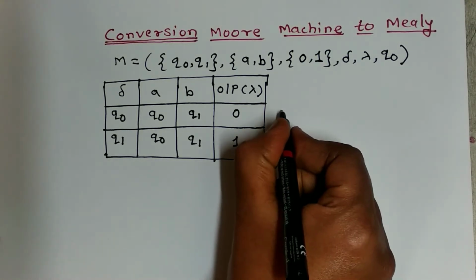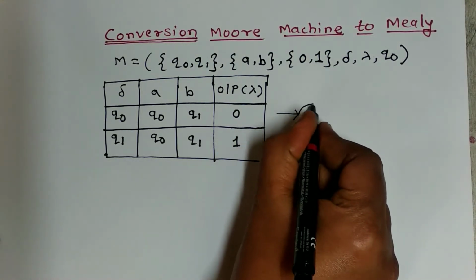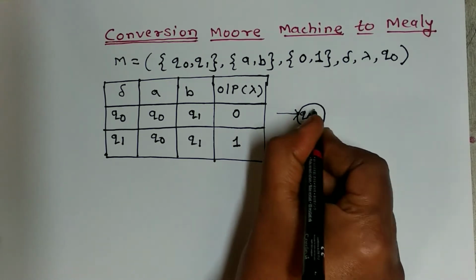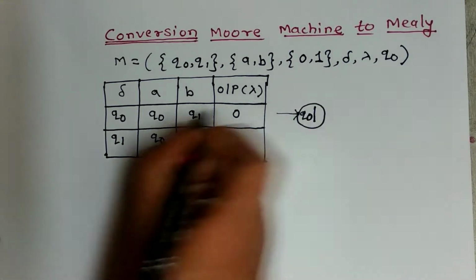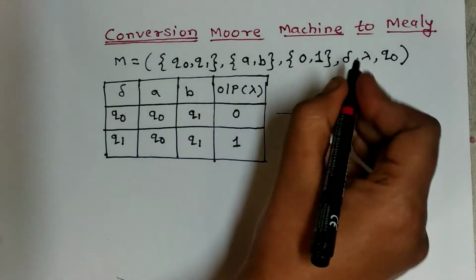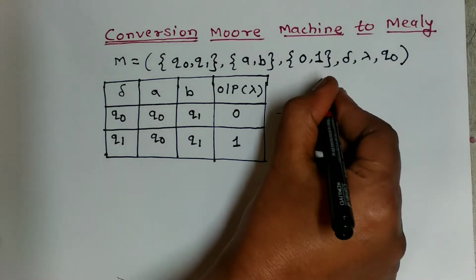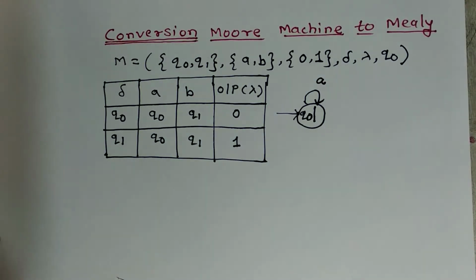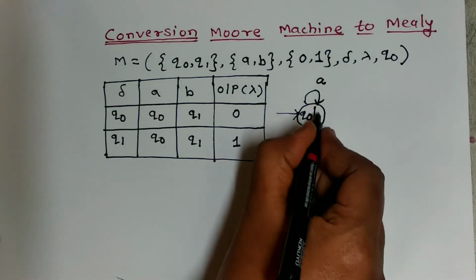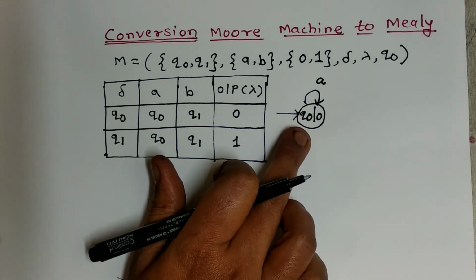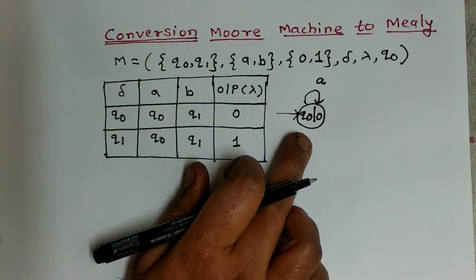See how to draw the Moore machine. Q0, start the process. Q0 by taking A goes to itself and gives the output as 0. As this is the Moore machine, the output should be mentioned inside the state.